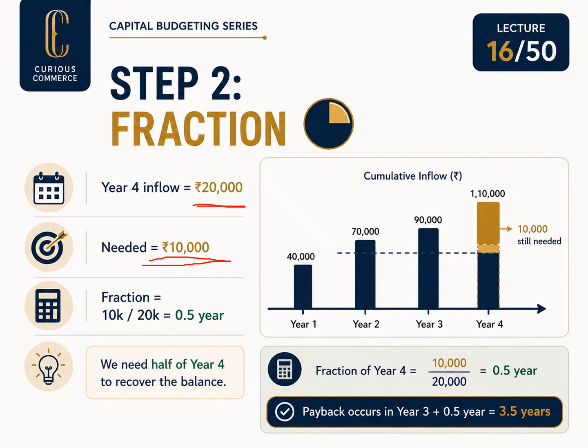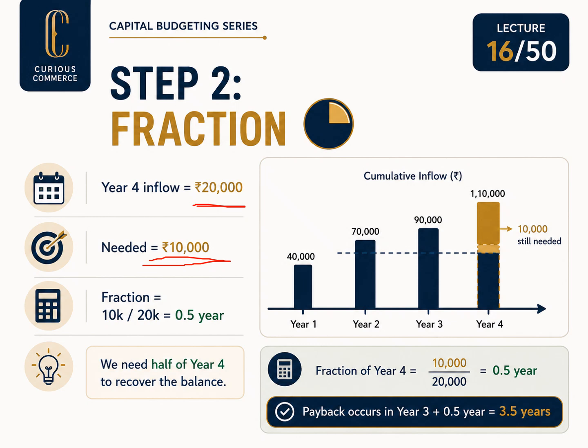Fraction equals remaining amount. The remaining amount is 10,000 rupees divided by the next year inflow. That is, the next year inflow is 20,000 rupees. That is 10,000 rupees divided by 20,000 rupees. The answer is 0.5 years.